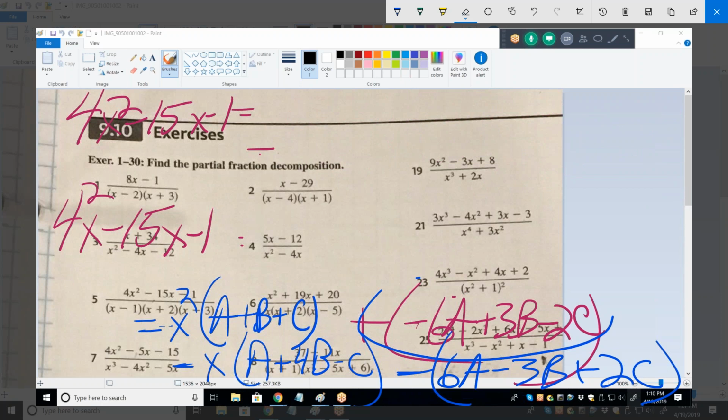Okay, now, what can I say? I've got this equals what I got at the bottom. So a plus b plus c is equal to 4.